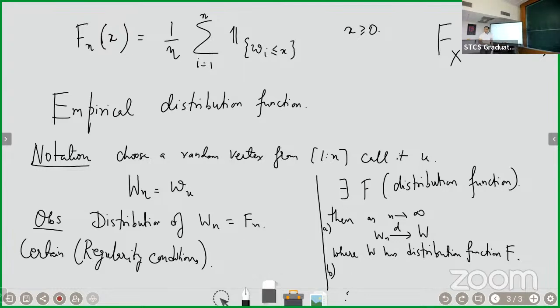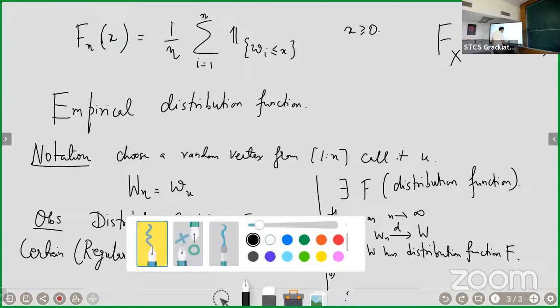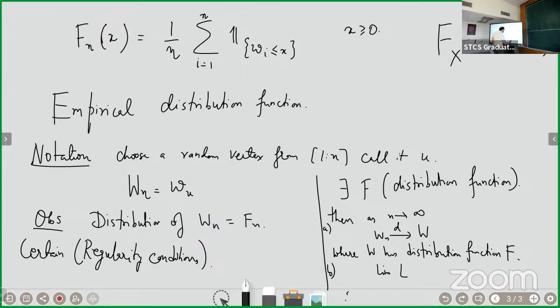These are not necessary, it just makes people's life easy. For further analysis, which we are not going to do in the class, I just state certain results. But I wanted to point out that these are necessary. And the limit, the expected value of W_n, then goes to the expected value of W, which has distribution function F, the same thing.